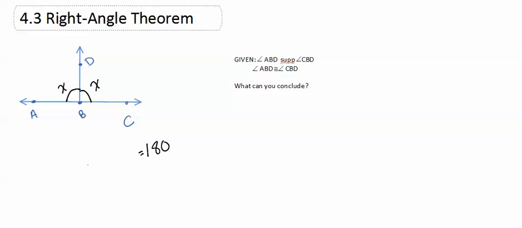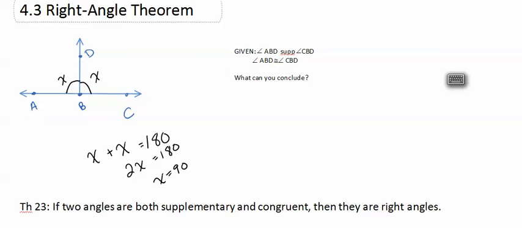But we do know, like we previously stated, that the sum of the two angles will equal 180 degrees. If we go ahead and solve this, 2x equals 180, x equals 90 degrees. Therefore, we can conclude that each angle is 90 degrees, or a right angle.